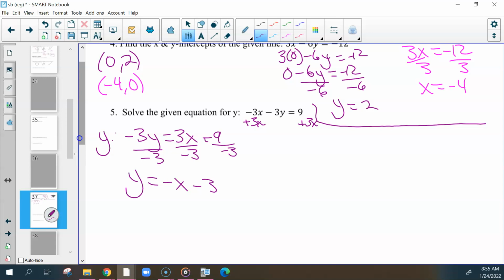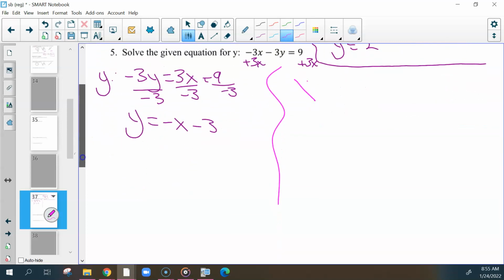And then we could do the same thing for x. If we were solving for x, we would do the opposite, move y to the other side. Of course, if you solve for y, you don't need to do this part, but if you solve for x, double check your work. So we would add 3y to both sides, so this would be negative 3x equals 3y plus 9.